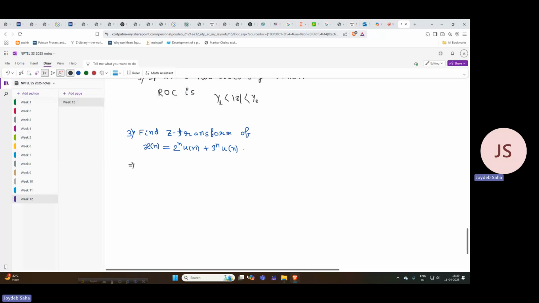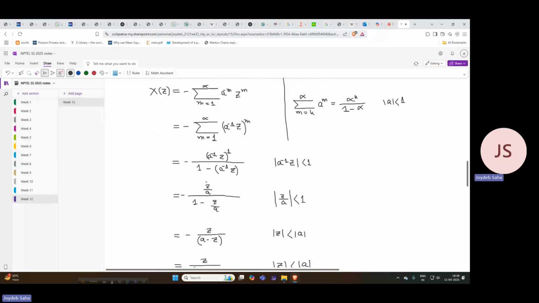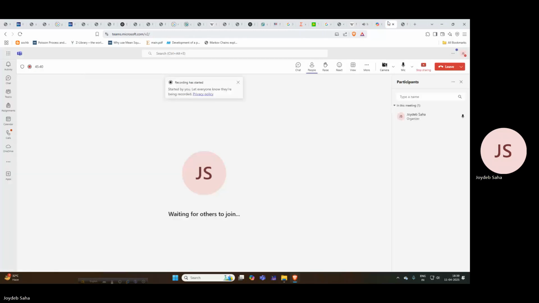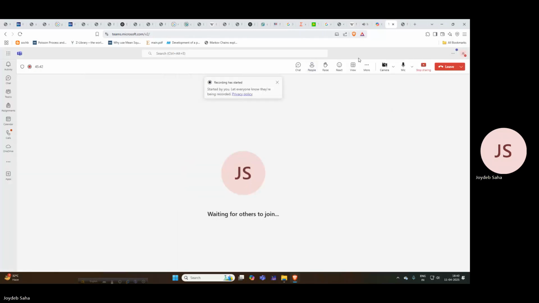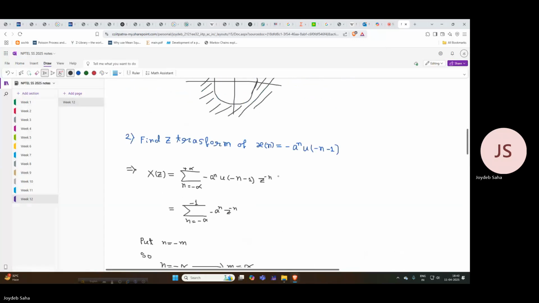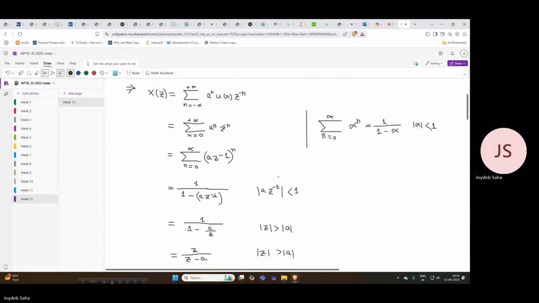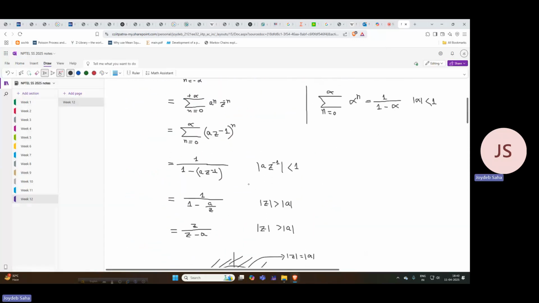Okay, let us try to solve this problem. X(z) will be, this is a to the power n, so we use the formula for a to the power n u[n]. This formula, what was it?